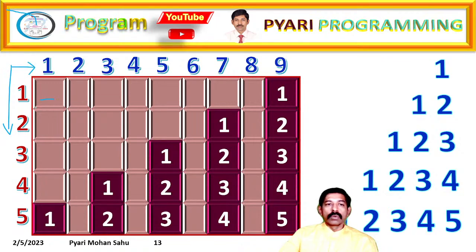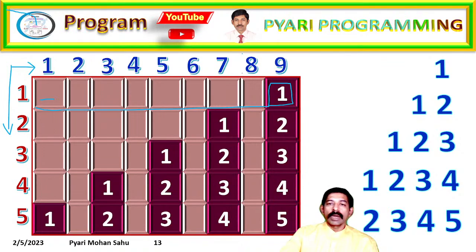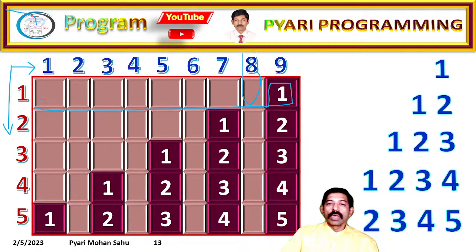In a row, how many spaces are there? After this, I am displaying 1. So in order to count this, directly we can say that we need to give 8 spaces. How is it 8 spaces?